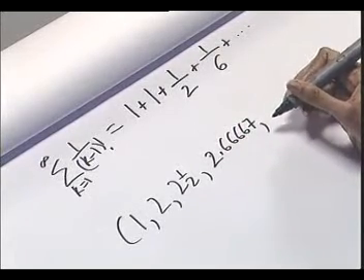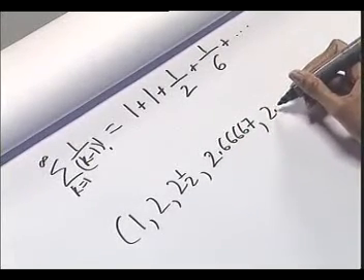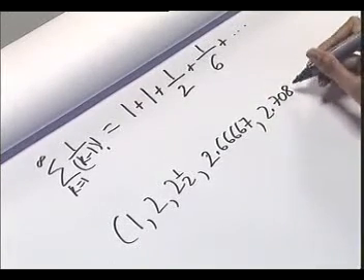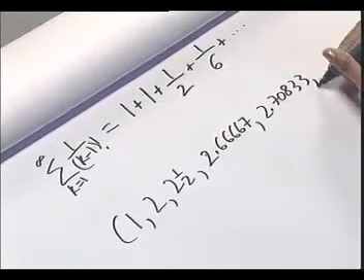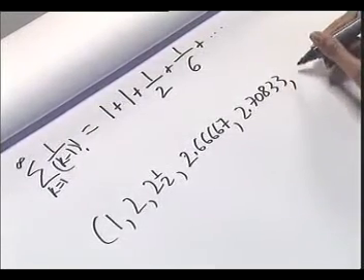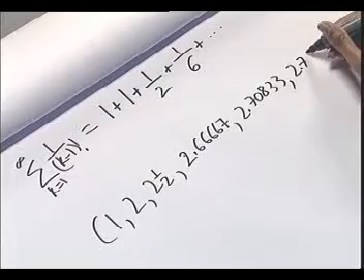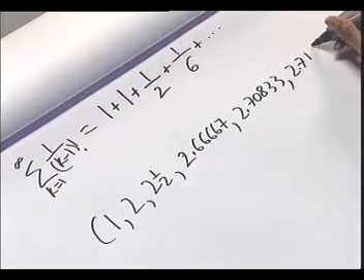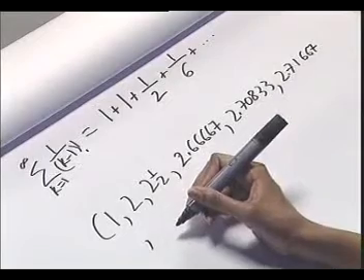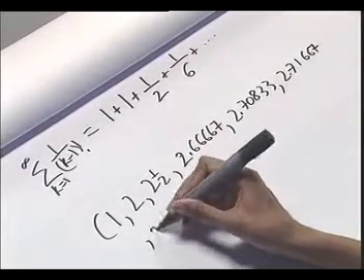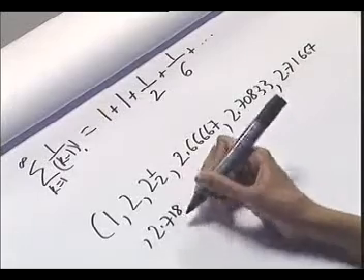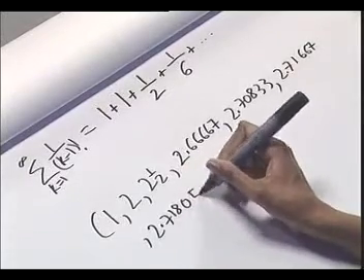The next one is 2.708, then 3 recurring. And the next one is 2.71, then 6 recurring. And then I'll do one more, and that's 2.718, then 5 recurring.